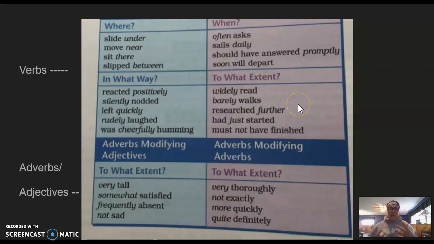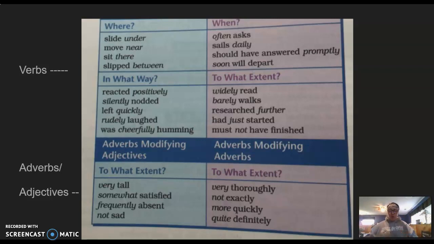You'll start to understand that as we do more examples. So that's the easy stuff, right? Because in the word adverb, we have the word verb. A lot of these adverbs are going to be describing words for verbs, describing where, when, in what way, to what extent a verb is happening. That's the first chunk that you have to remember.